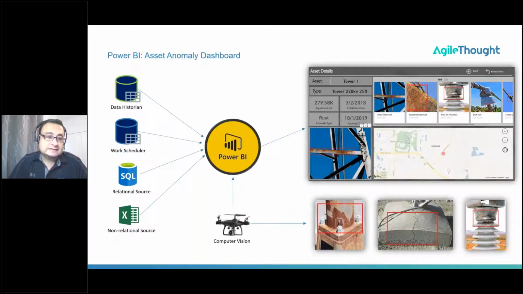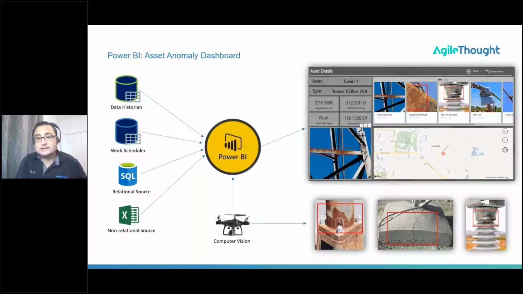So what I'm going to show next is a really quick and simple dashboard that we put together. This dashboard will allow you to visualize and gather some insights from the images that were processed and all the anomalies that were detected from them. In this case, this dashboard is using Power BI, and it's consuming data.